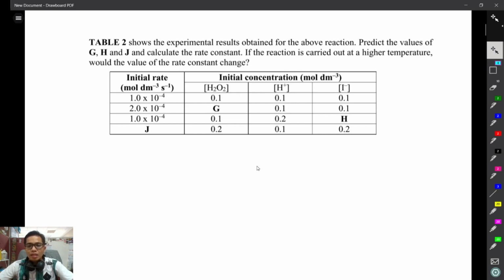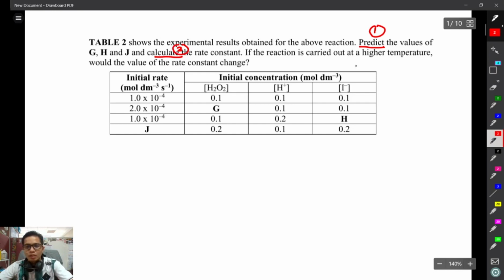If the reaction is carried out at higher temperature, would the value of rate constant change? So predict the values, this is the first question. Calculate the rate constant, second question. And then would the value of rate constant change? This is the third question.